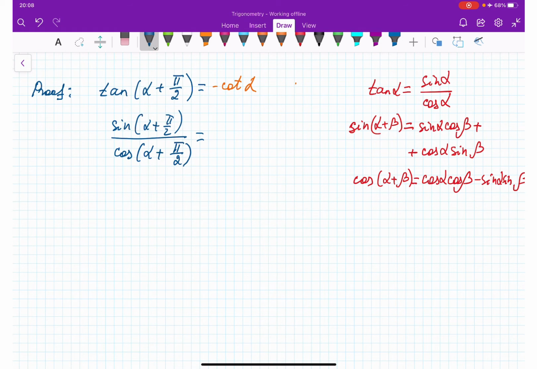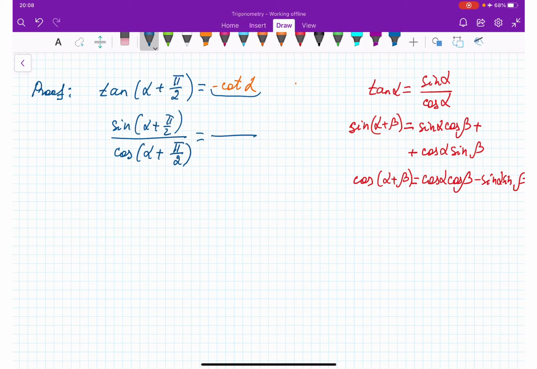So since I'm going to prove that tangent alpha plus half a pi equals negative cotangent alpha, I'm going to make changes to tangent alpha plus half a pi and bring it to negative cotangent alpha.